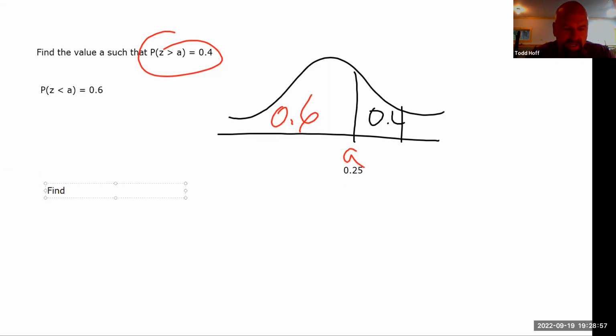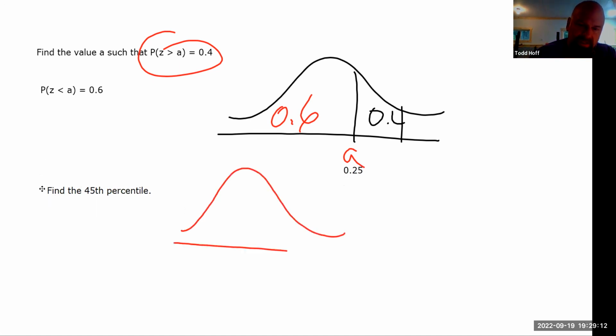We might be asked to find the 45th percentile. This is just an inverse calculation. Remember, the percentile is the percent that's smaller. So literally the 45th percentile is saying to the left, we have 45%, or a probability of 0.45. This is a very simple inverse normal calculation.